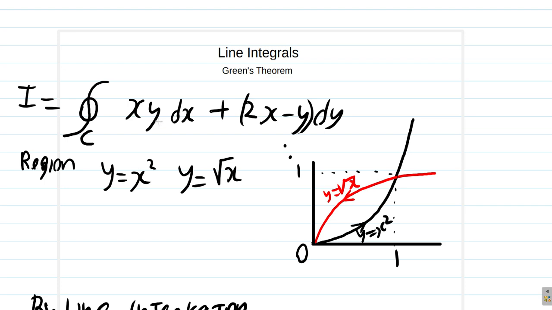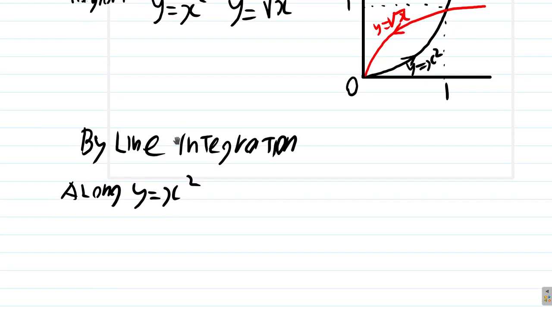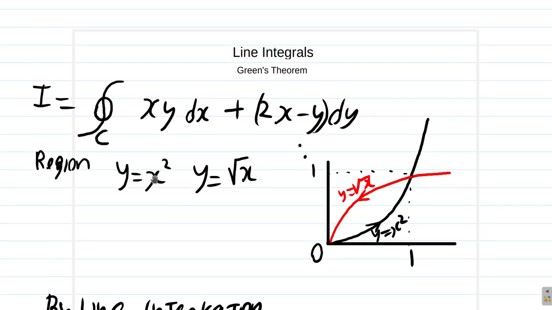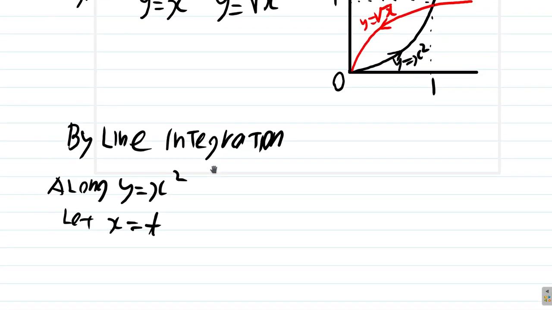Now, you have x and y mixed up together and you have dx and dy mixed up together. You could manipulate this so that you have x alone with dx or y alone with dy. But let's use a parameter. Let x be equal to the parameter t. So in this case, what is y? y equals x squared, so y equals t squared. So you'll have everything as t and dt, all right?